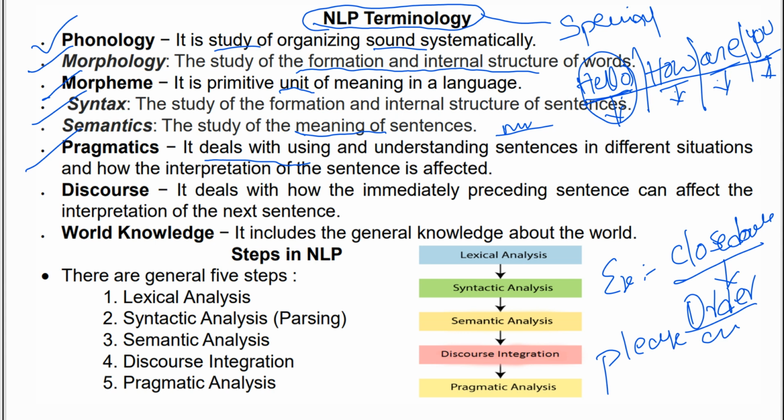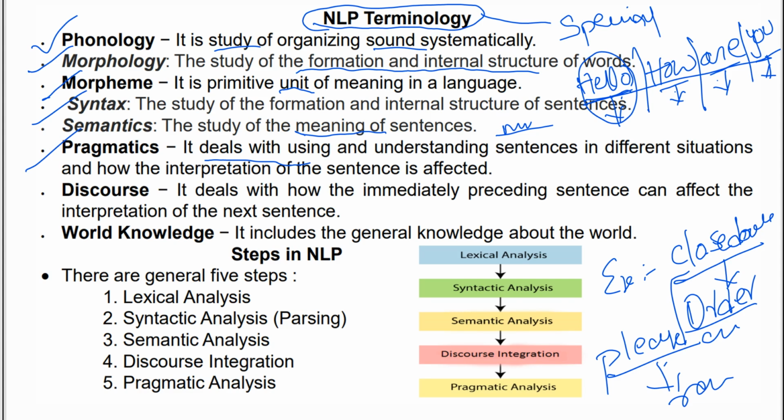The hidden information in this sentence is a request. The study of understanding these kinds of sentences in different situations, where there is some hidden information, is called pragmatics.